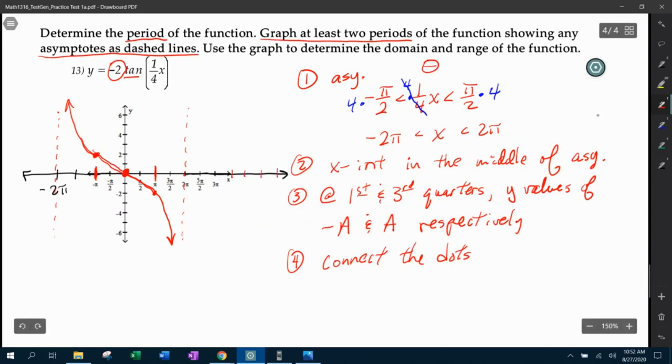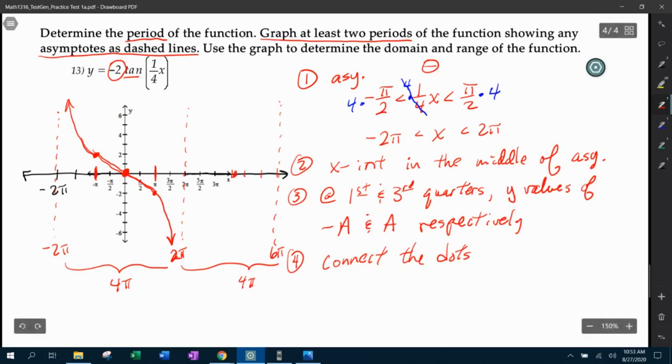Yep, I'm going to have to scrunch it. All right, so if this is 2 pi right here, and this is negative 2 pi, and this distance here is 4 pi, then this distance has to be 4 pi, which means this would be labeled 6 pi.